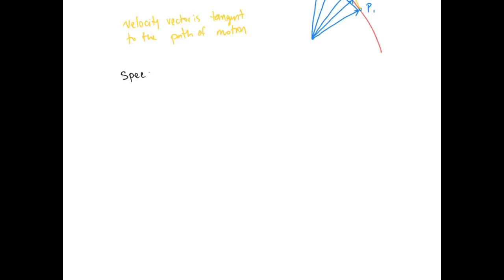Speed is not the same as velocity because speed is equal to the distance traveled over time, which would be the actual path. So we had defined the path as s, so it would be delta s over delta t.